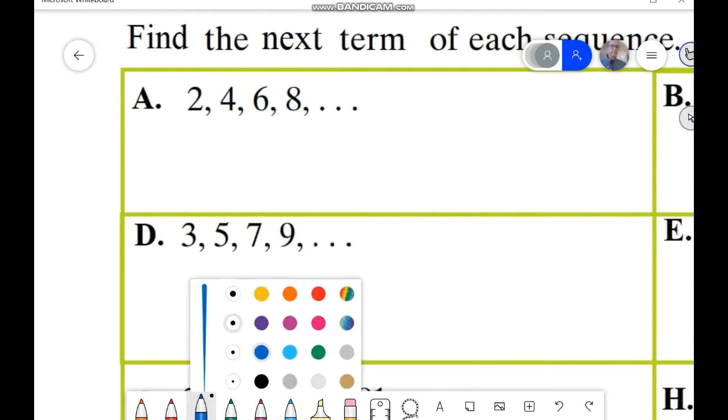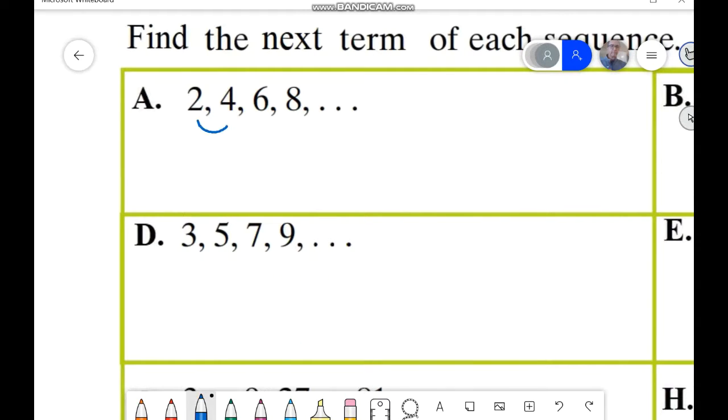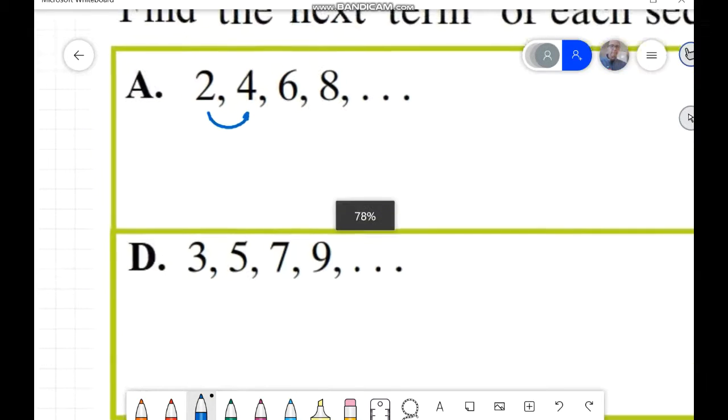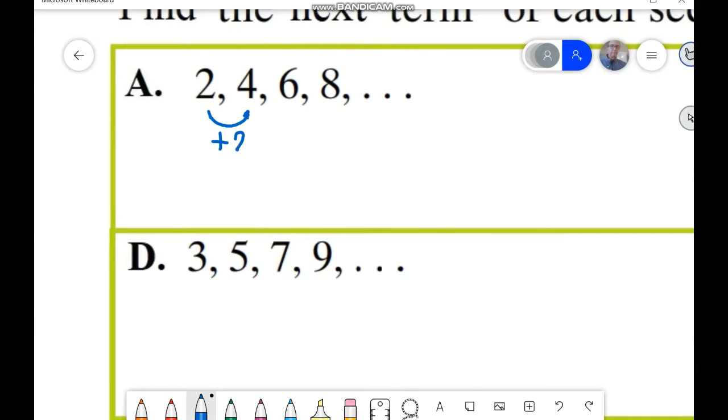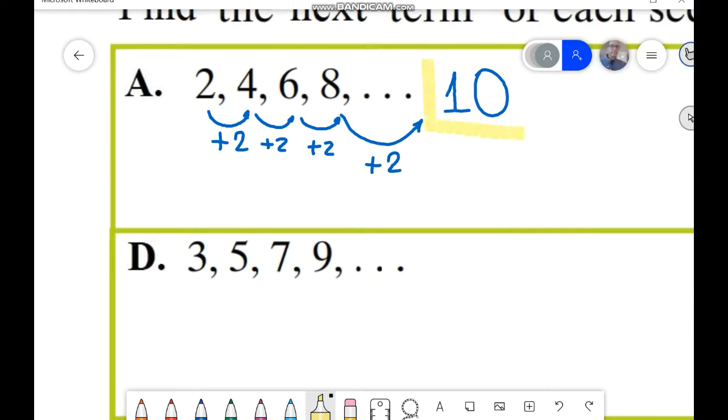I think we can see we need to add 2: plus 2, 4, plus 2, 6, plus 2, 8. That means the next term is going to be plus 2 as well. 8 plus 2, 10. 10 is the right answer.